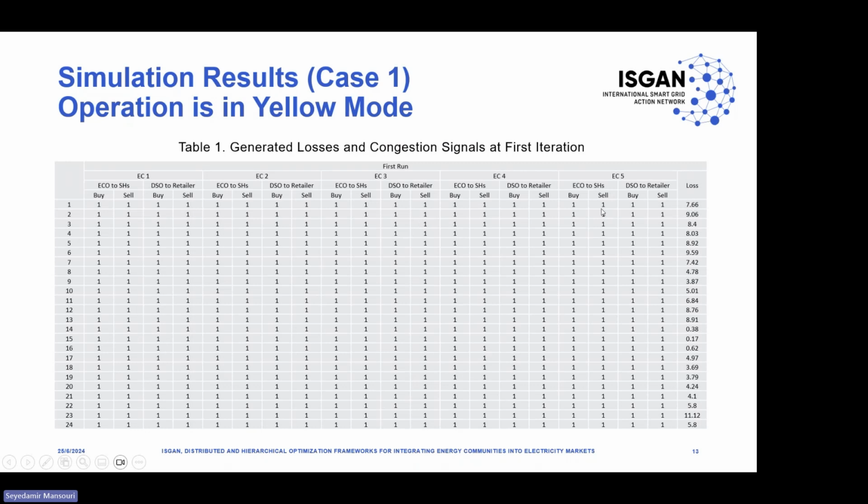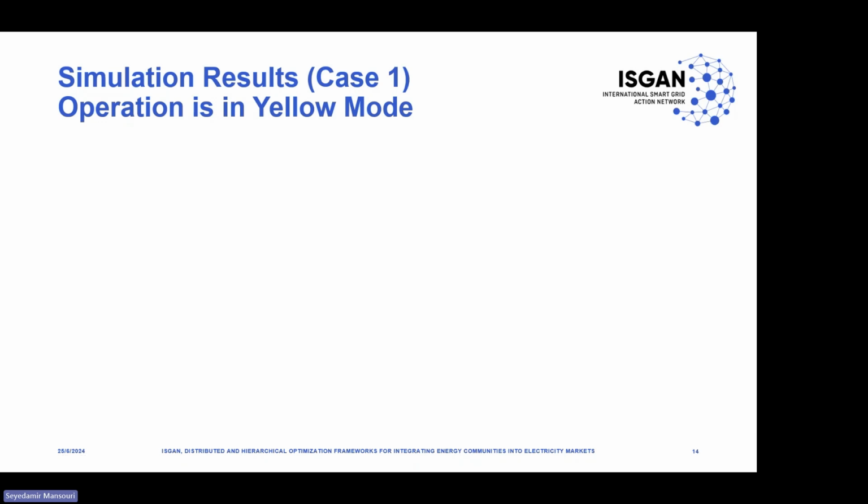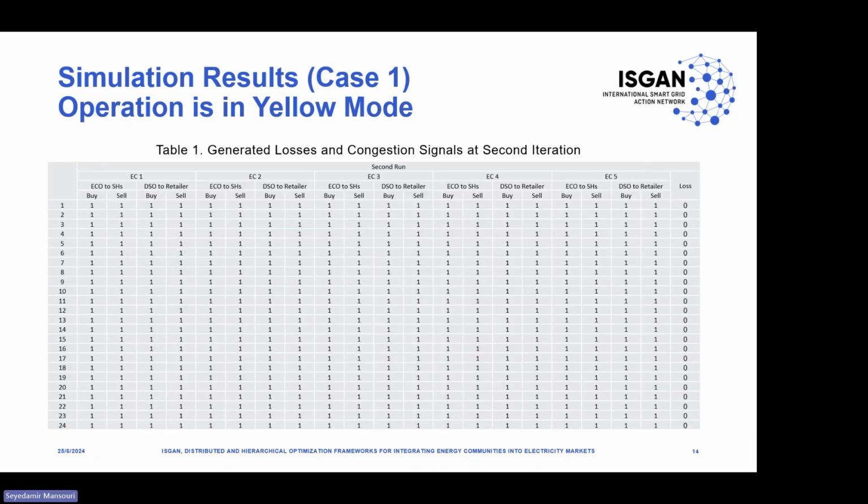But in case 1, we found losses. You can see losses here. So the DSO is going to inform these losses to the retailer, and the retailer here recalculated its exchange with the wholesale market and compensates for losses. And you can see losses are 0 here.